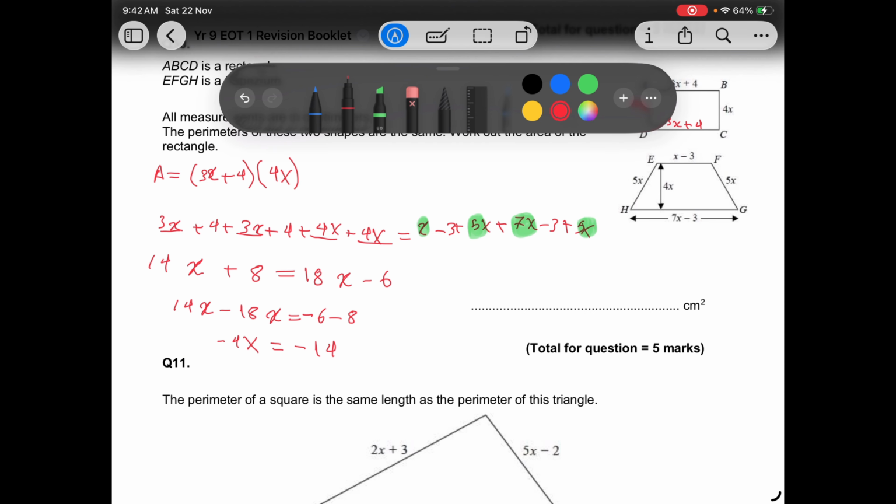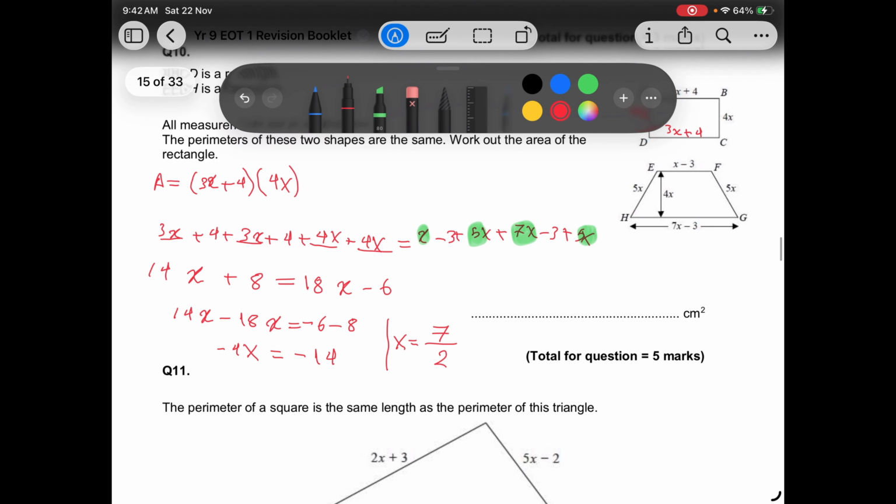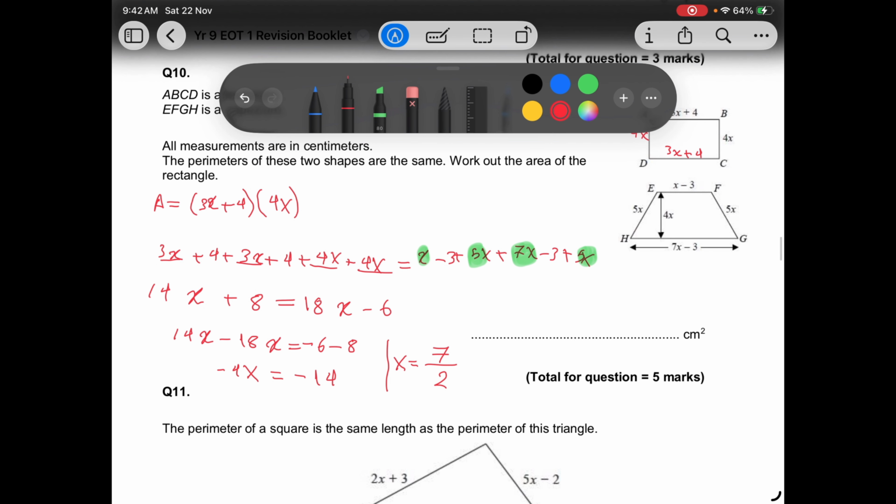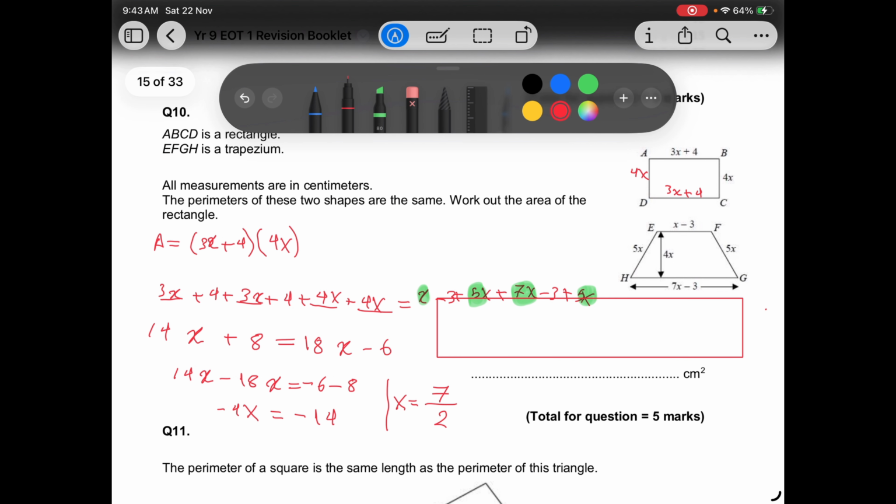Divide both sides by minus 4, then x will be, of course, 7 over 2. There is not enough room for this, so I will use this space here to finalize the solution. So 7 over 2. I will replace x with 7 over 2 here, and I will leave the calculations to you guys. It is a matter of calculator now.